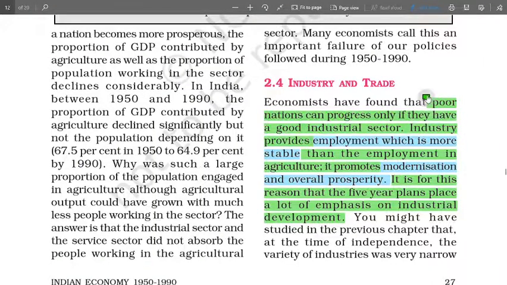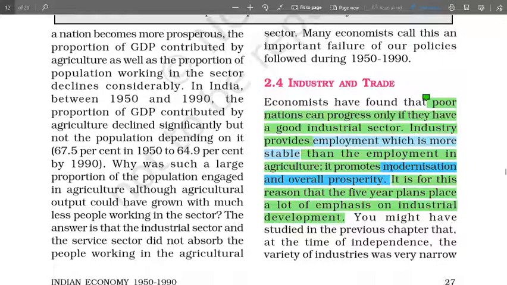First thing is, why do we need the role of government towards industrial development? We understand that immediately after independence, our country was poor. We can only progress if we have a good industrial base, because industries can provide more employment, more stable employment than agriculture, and at the same time they can bring about modernization and overall prosperity.